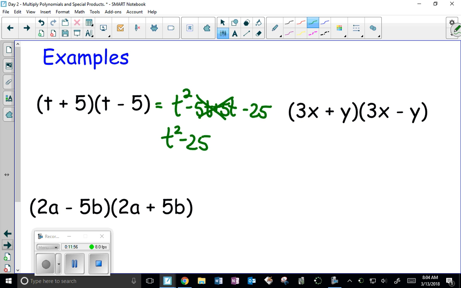And then we still have the last two. Good. So now you see, oh wait a minute, all those things cancel. I didn't need to do them.